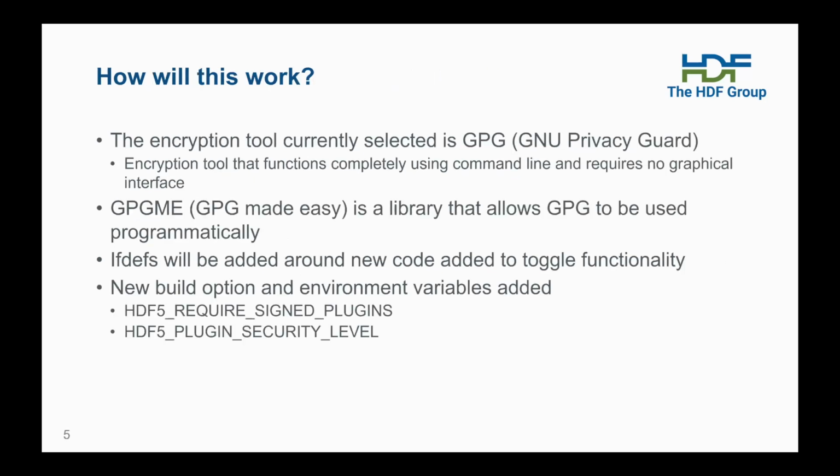So how exactly will this work? As I mentioned earlier, an encryption tool will be selected. Currently, we have selected GPG, the GNU Privacy Guard, for this task. Other encryption tools and libraries were considered, such as libsodium, libtomcrypt, and Bouncy Castle. There are a few others, but ultimately those were discarded in favor of GPG because it was the most widely used.